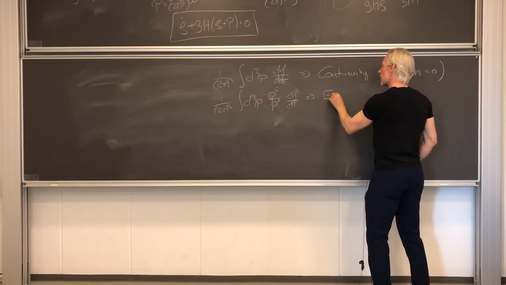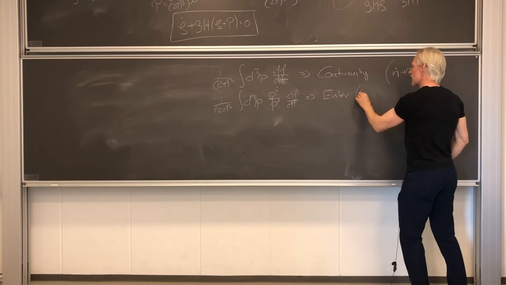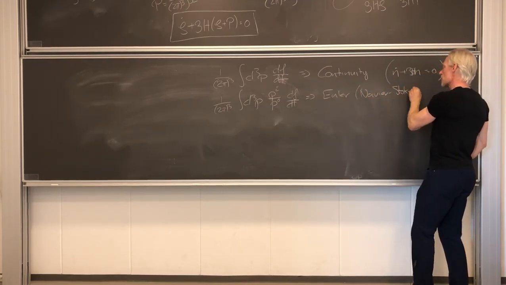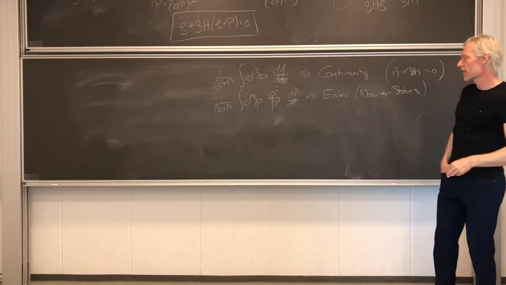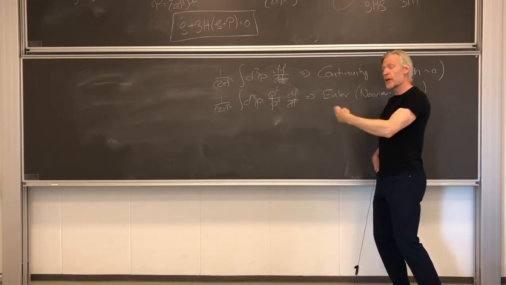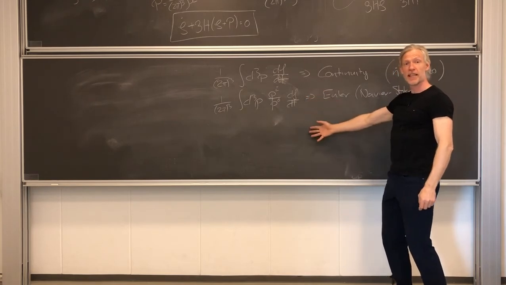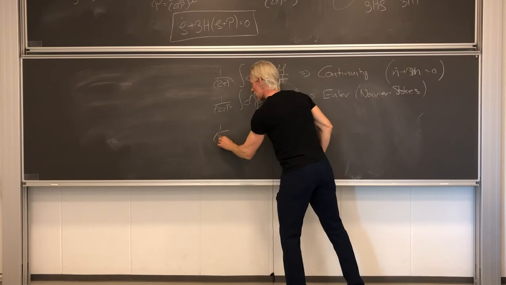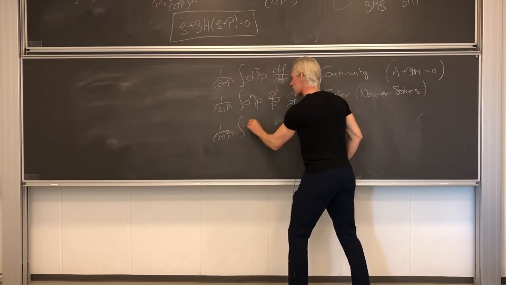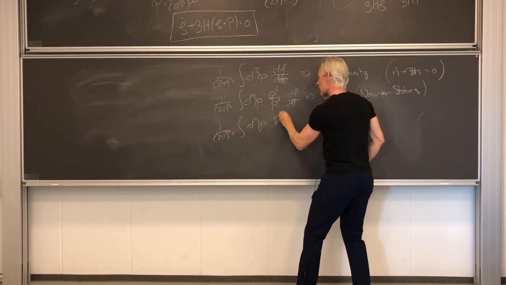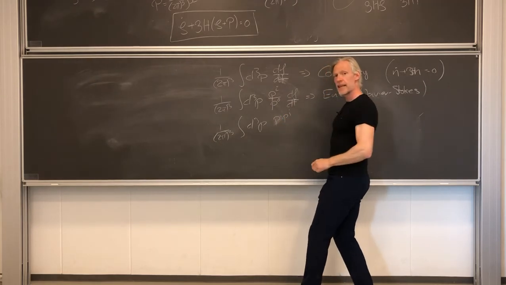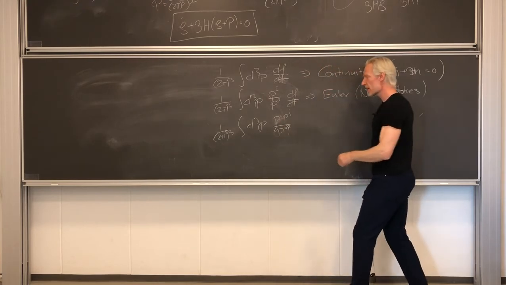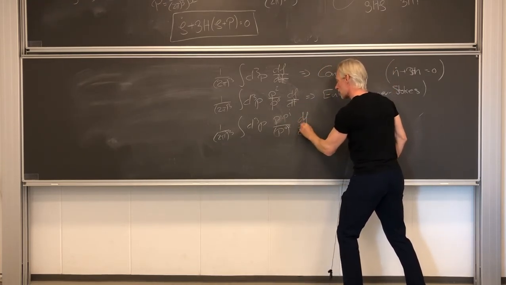That actually gives us the Euler, or as we also know it, the Navier-Stokes equation. But there are way, way more terms. In fact, there are infinitely many terms that I can do in this way. So I could construct a next term, which is then p_i p_j over p naught squared, like this.